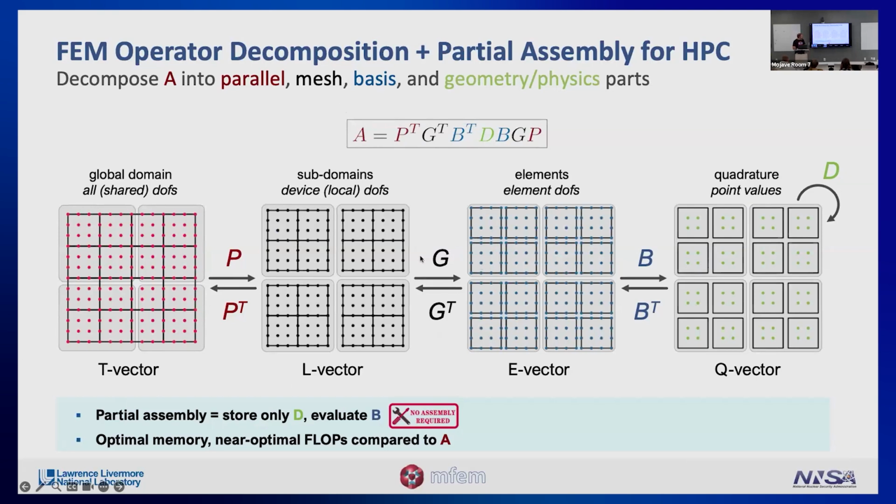The G operator goes from the local mesh to values at each element, decoupled from each other. And B goes from degrees of freedom on each element to quadrature points. D is the local operation on quadrature points, and then the transpose assembles from quadrature points to element degrees of freedom to local degrees of freedom.